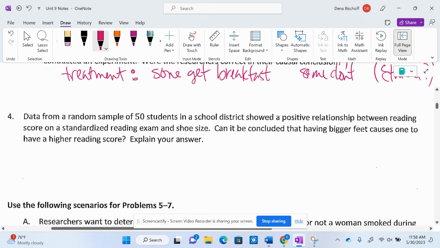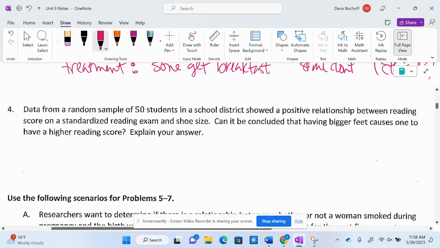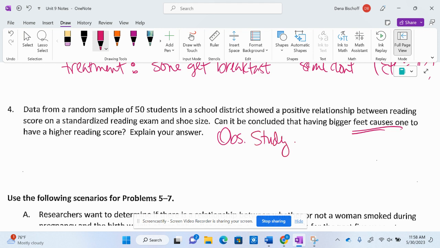So what kind of a study is this? Is this an experiment or an observational study? Yeah, this is going to be observational, and we cannot determine cause. But it's highly unlikely that the bigger your feet are, the better that your reading is. Okay.